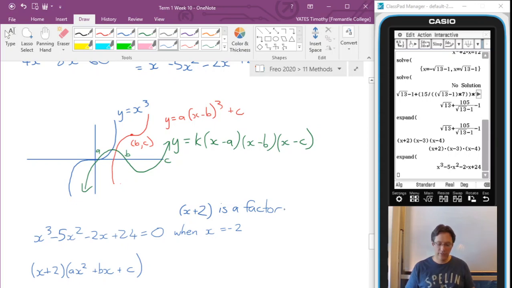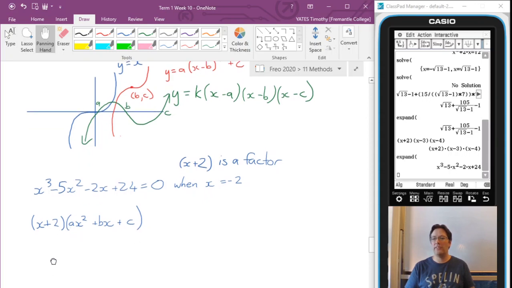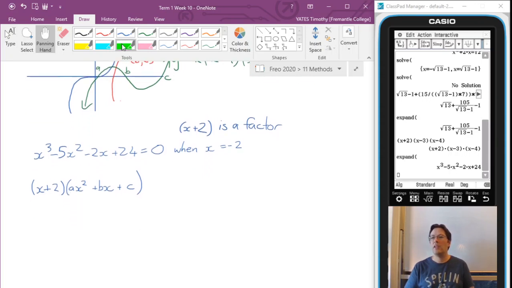So if x plus 2 is a factor, we can rewrite this equation in the form (x + 2)(ax² + bx + c). It's up to us to work out how this matches up to the one above it. So the first thing we want to do is match the x cubed terms.